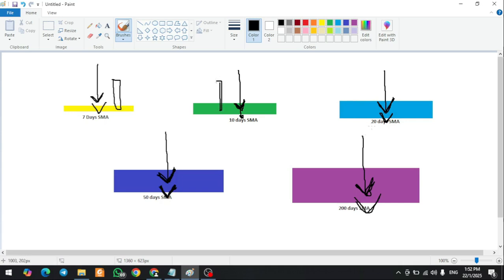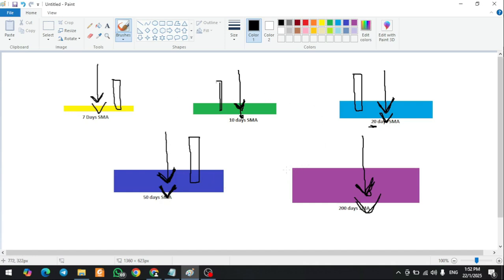When the value gets bigger, the harder it is for the price to break. The bigger the force the price needs to break this line. So that's why I'm telling you how to use the moving average as a support line.